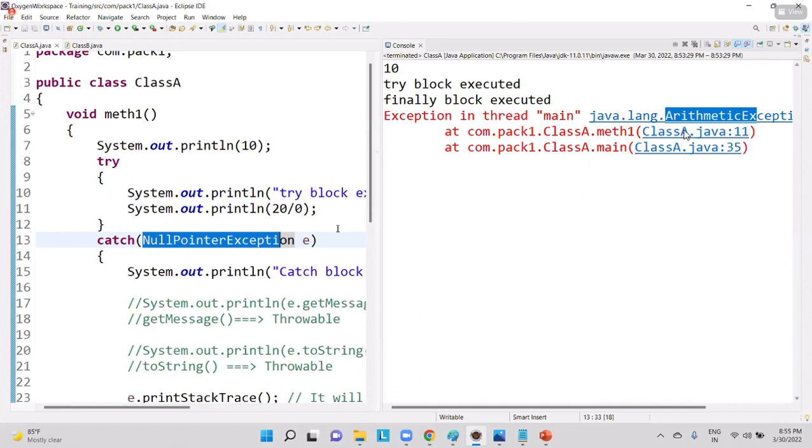You will not be able to identify which type of exception occurs until you go into a project. In a real-time scenario only, you will be able to understand which type of exception arises. After at least 2 to 3 years of experience, then you will be able to get that.